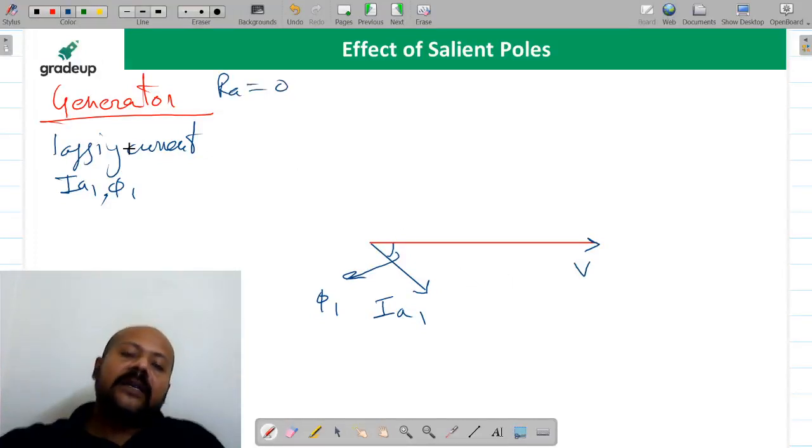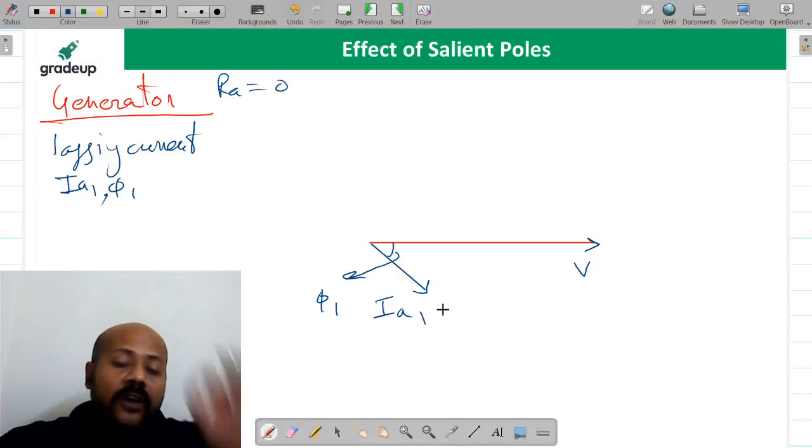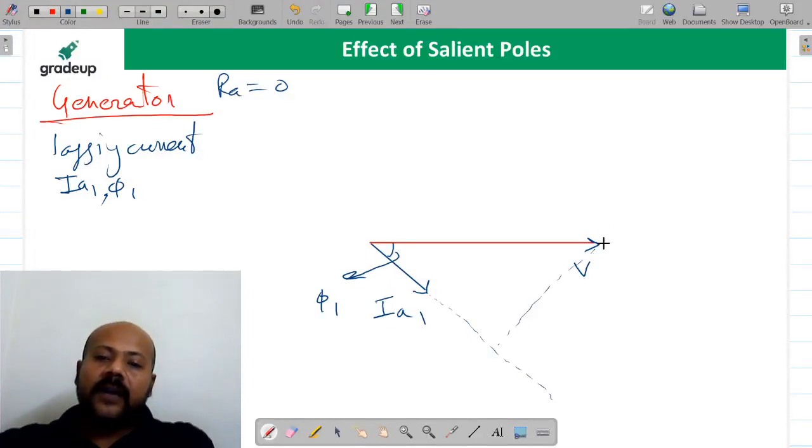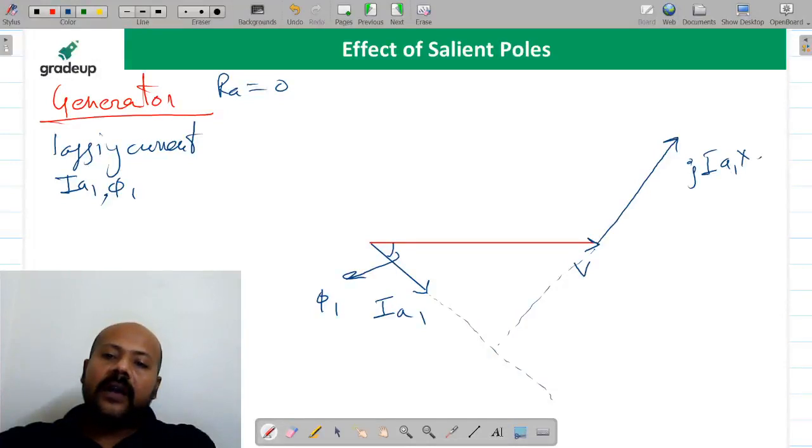Suppose we are ignoring the armature resistance, suppose RA is 0. So if you want to add the excitation j-axis drop here, it is going to be 90 degrees to this. So you just extend this IA like this, and draw the 90 degrees like this. So this is going to be jIA1XS.